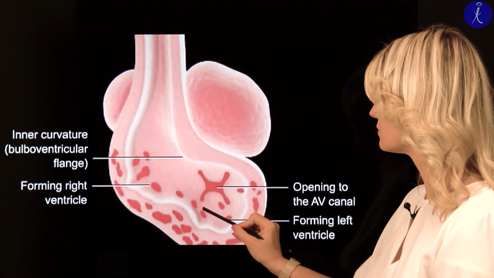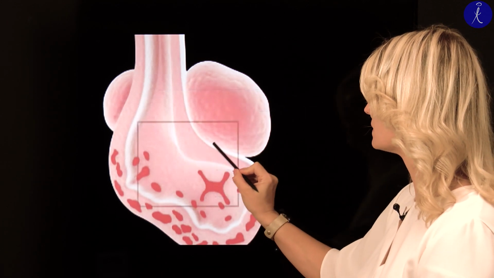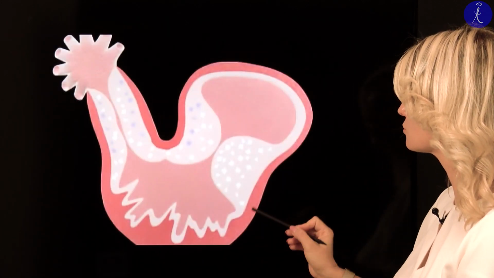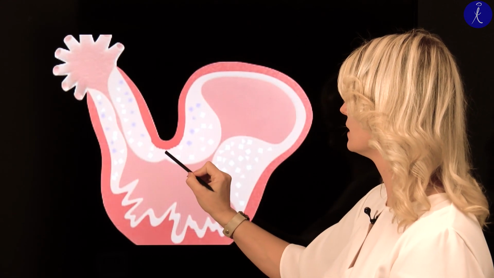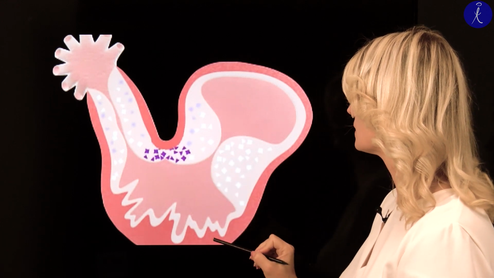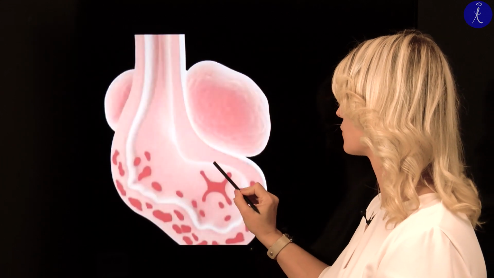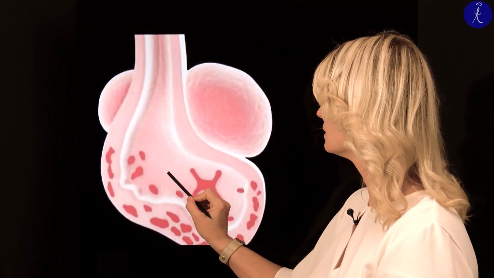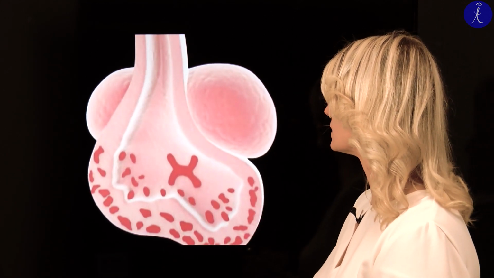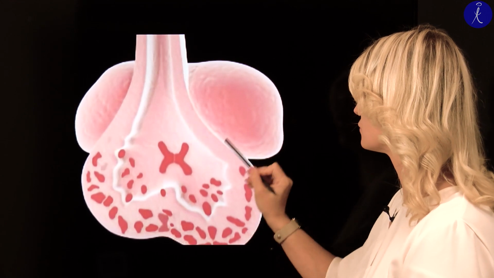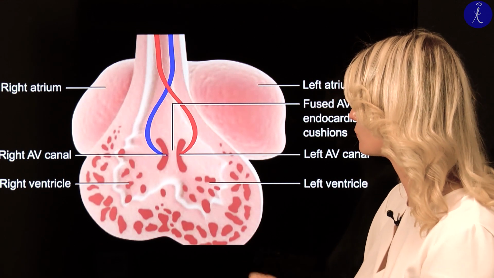First, this atrioventricular orifice is located on the left side, but during the development of this bulboventricular flange, here you can see we have a change within the bulboventricular region. That's why this whole atrioventricular orifice will move from the left side to the right side, and finally will be in the middle, forming a connection between the common atrium, the ventricle, and the trabeculated part of the right one.